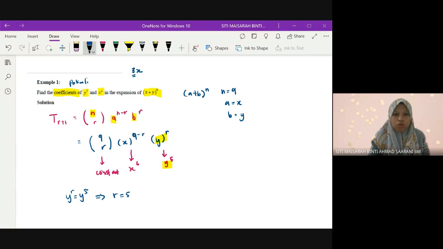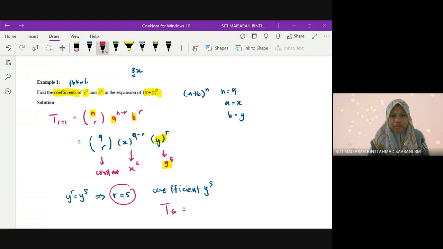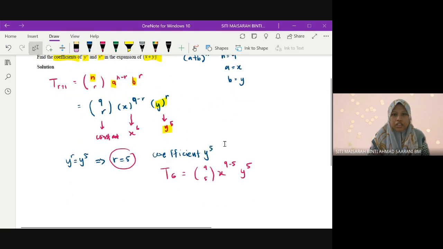So, jadi untuk coefficient for y power 5, kita akan ganti dengan r equals to 5 lah. So, jadi dia akan dapat T6 equals to 9C5 x power 9 minus 5 y power 5. So, then we get, kalau kita kira, this is become nC5, berapa nC5?